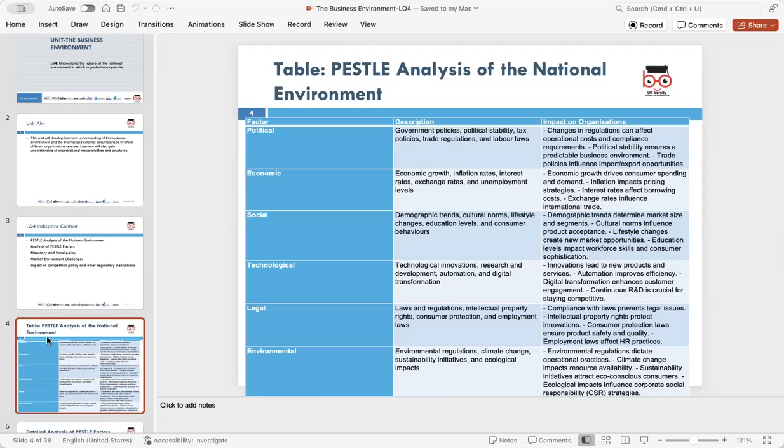Then next are the technological factors. Technological factors include technological innovation, research and development, automation, and digital transformation.